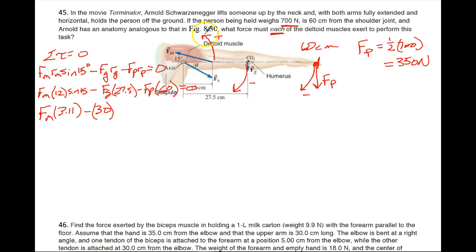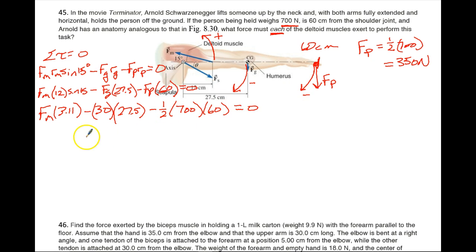So remember, these are all out of your book, and this is 30 newtons altogether, because it's 3 kilograms. So we're going to multiply that by 27.5, and then we need to subtract off 1/2 of that 700 value times 60. You could also have just put in the 350 that we did earlier, and those are all equal to 0.